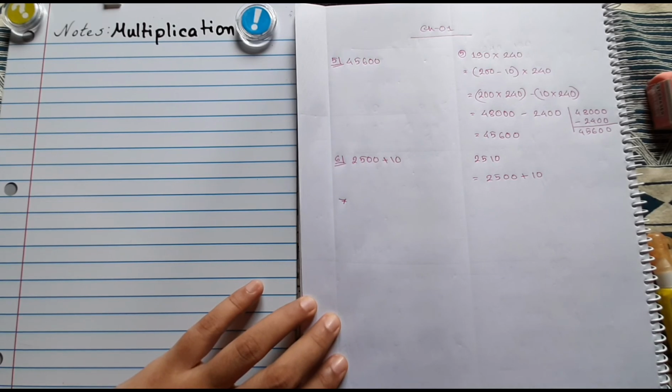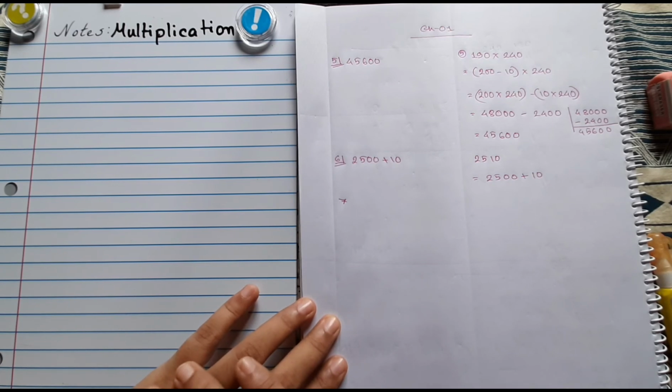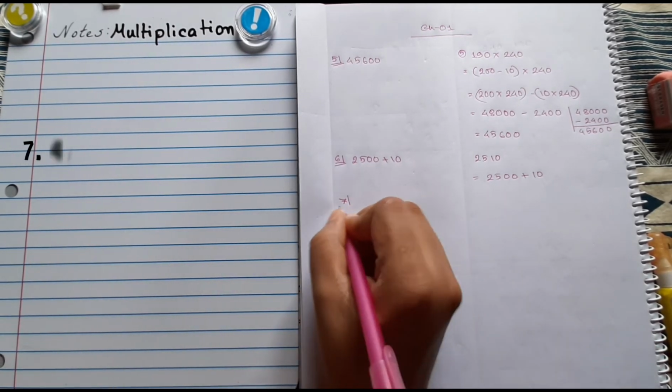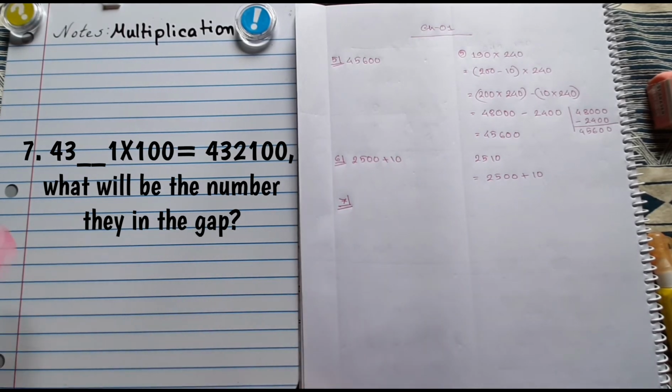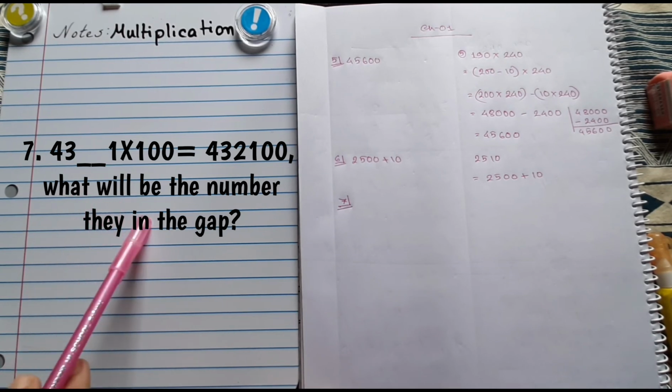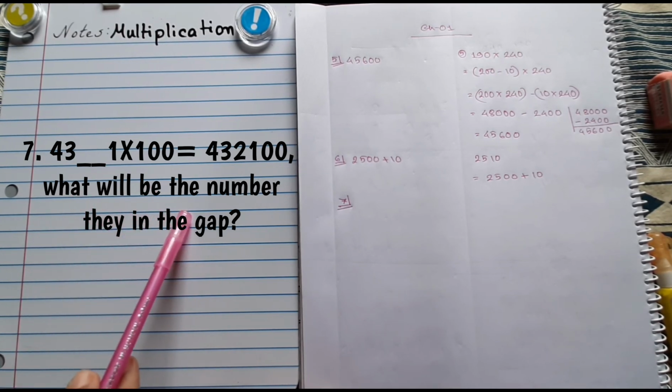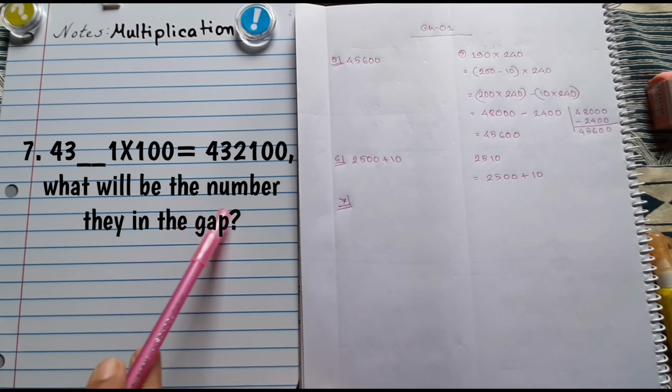Now 7th number question. Okay, you can see the 7th question on your screen. Which 2-digit number would be multiplied by 200 to get a product of this one? You can see it over here: 4321 box multiplied by 100, and the answer is 432,100.